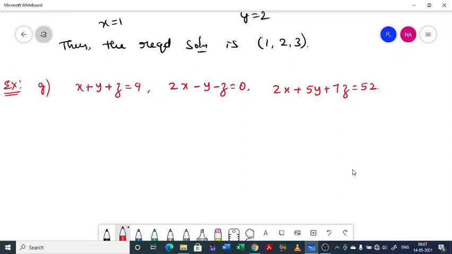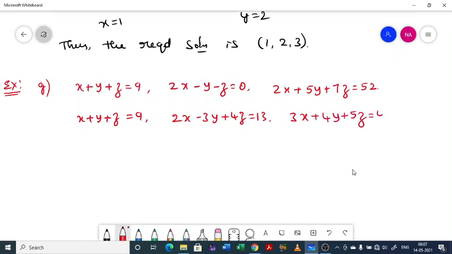And this one: x plus y plus z equal to 9 again, 2x minus 3y plus 4z equal to 13, 3x plus 4y plus 5z equal to 40. So try to solve these. The next method, the discrimination method, we will see in the next class.